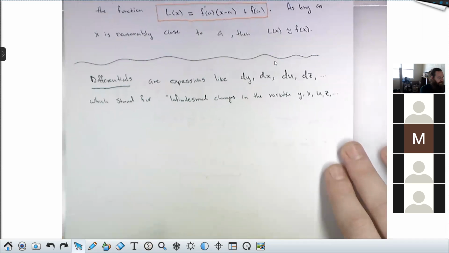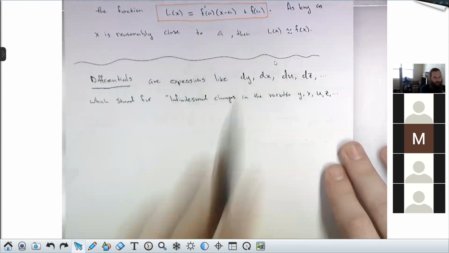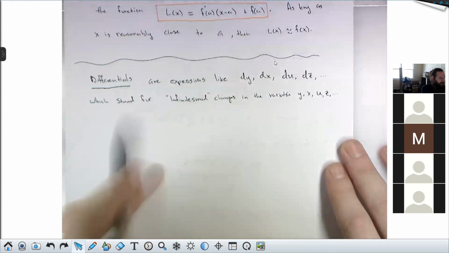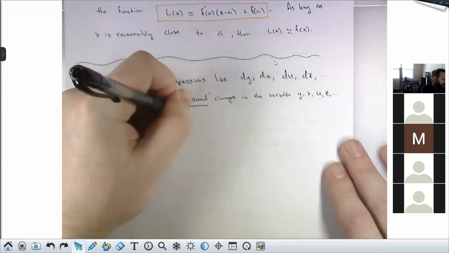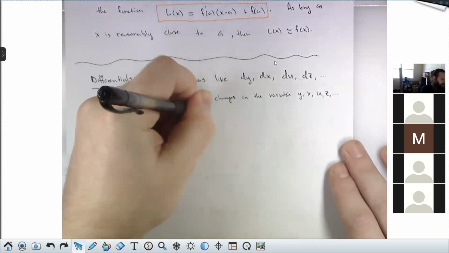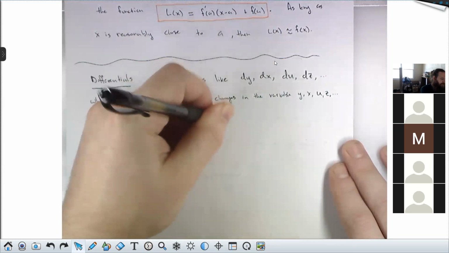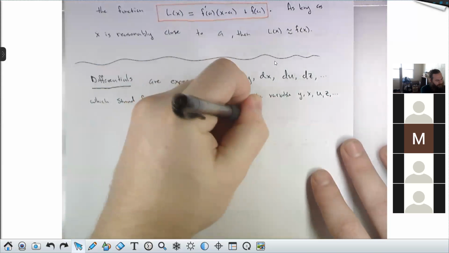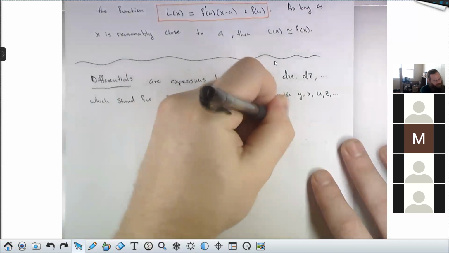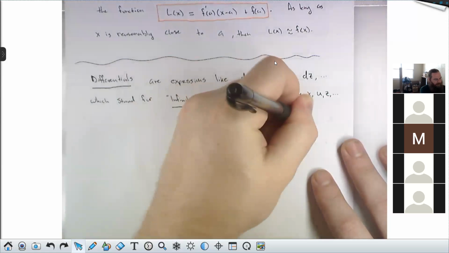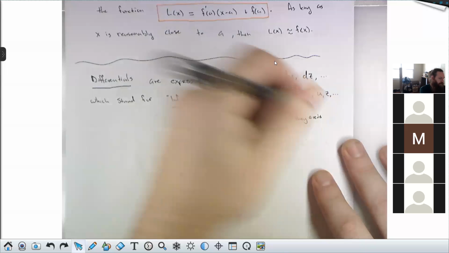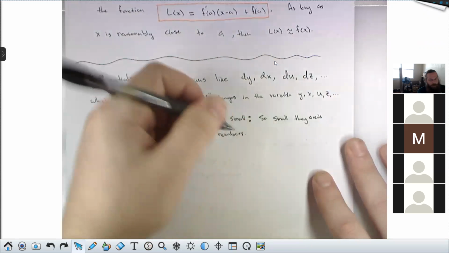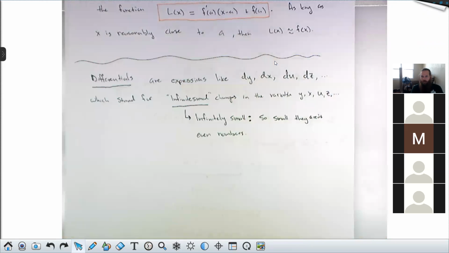So dy is like a teeny tiny change in y. Infinitesimal means like very, very, very small. Specifically, it means infinitely small. Like so small, they're not even numbers. Smaller than any positive number, but technically bigger than 0.